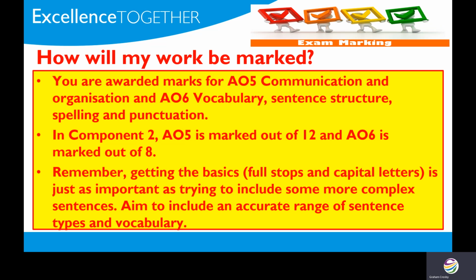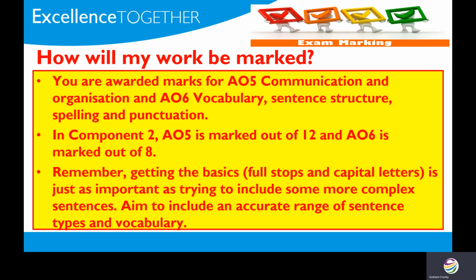How's your work marked? You're awarded marks for assessment objective 5, which is communication and organisation, and assessment objective 6, vocabulary, sentence structure, spelling and punctuation. In component 2, AO5 is marked out of 12 and AO6 is marked out of 8. So for things like the words you use, the sentence structure, the spelling and punctuation, there's quite a lot of marks on the line.